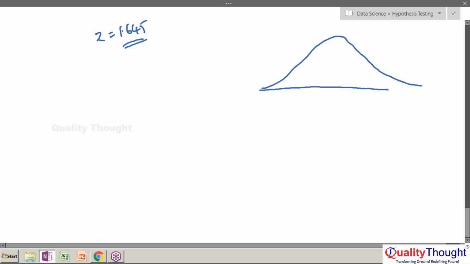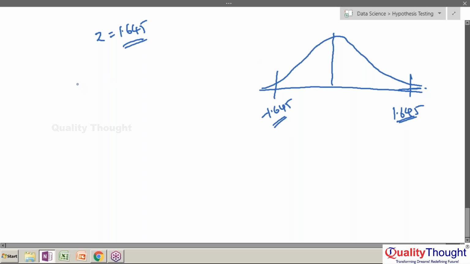Left value minus 1.645, right value plus 1.645. So once we do the calculation, we need to verify it.